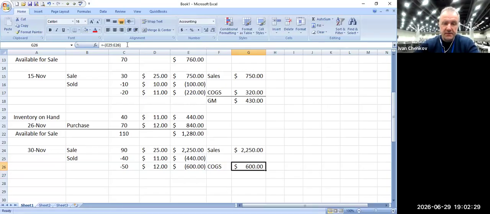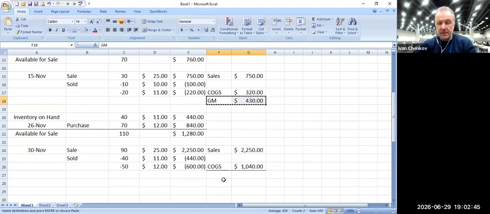Sorry, no, that should be more than 600. That should be $1,040. So once we have this calculation, we can calculate gross margin right away. And we can see that from the sale of those 90 units, we are generating $1,210.